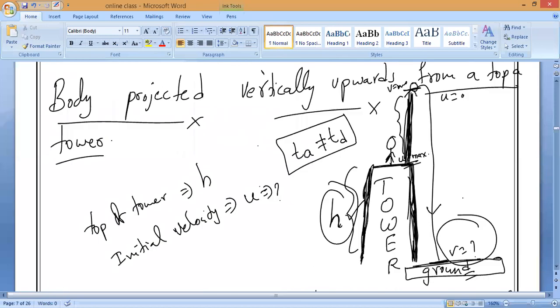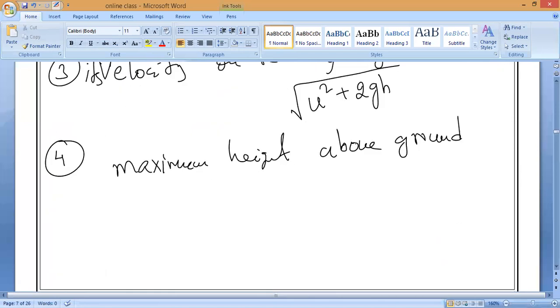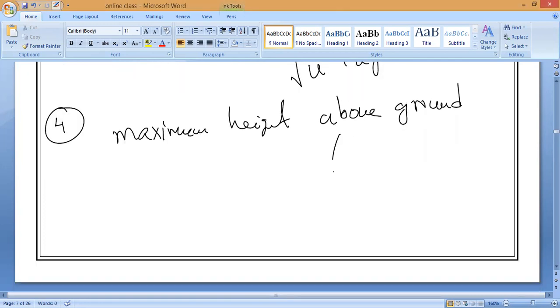Yes, we have to include it. So we assume the height of the tower is H. So the maximum height above the ground is H plus u square by 2g. What is the formula? H plus u square by 2g.